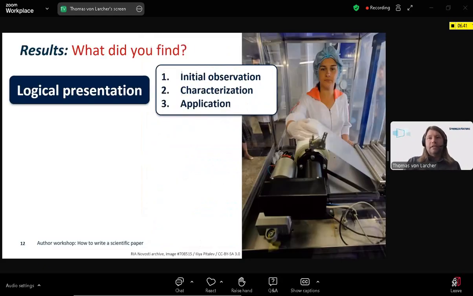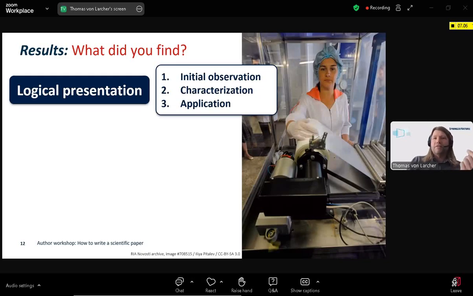All right, and after this, now the results section. So here you highlight what you have found. And again, please present the results clearly and carefully. Important here is to keep a logical presentation of your ideas.